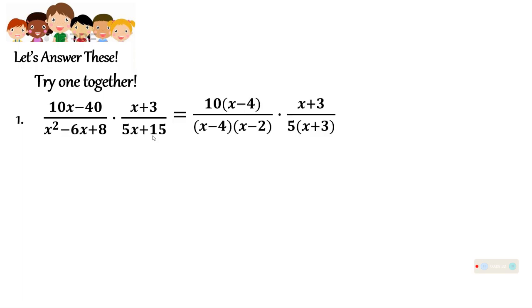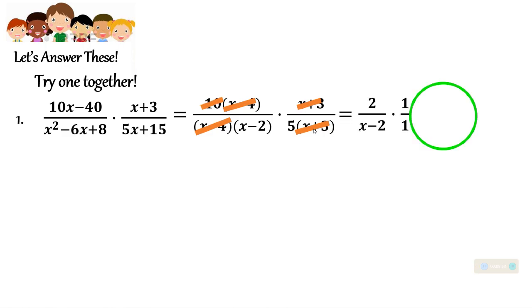So, that's why you will obtain 10 times x minus 4 all over x minus 4 times x minus 2, times x plus 3 all over 5 times x plus 3. So, it is already factored. Then, cancel out the common factors. Okay? So, you will be left with 2 over x minus 2.